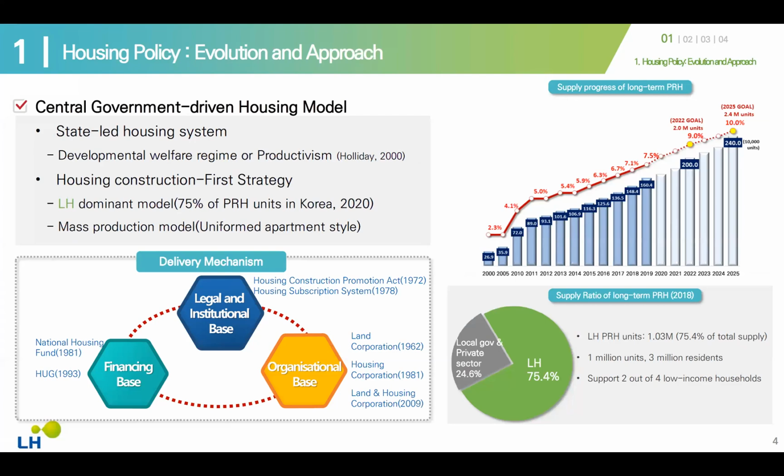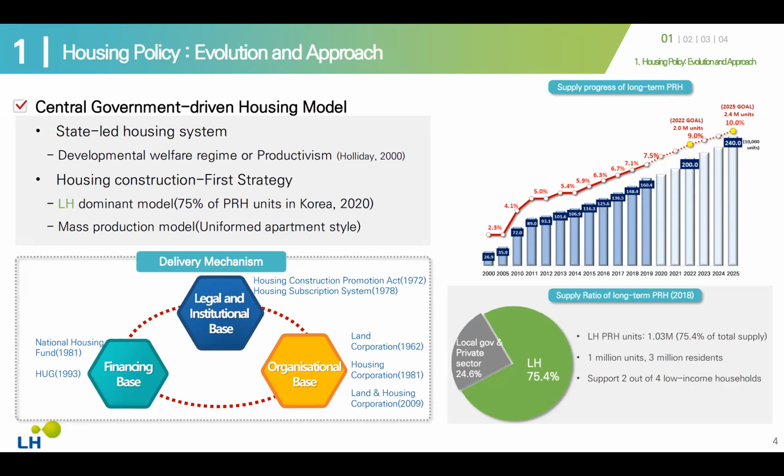In this part, I would like to tell you about the Korean public rental housing model and its supply status. The Korean model is a kind of central government-driven housing model, and theoretically, it is developmental welfarism or productivism. The government used a housing construction first strategy, and LH played a significant role in supplying public rental housing, accounting for 75% of the total public rental housing stock in Korea.